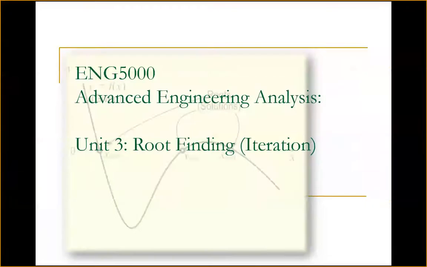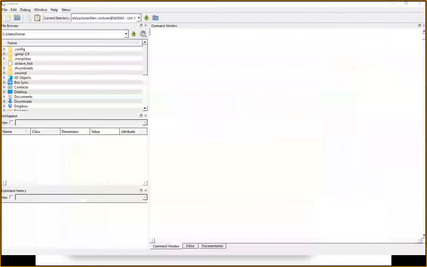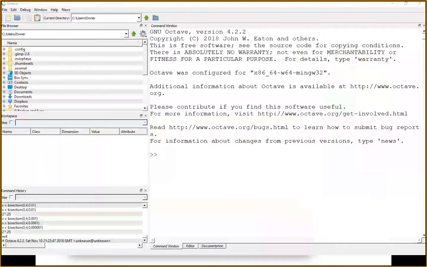Hello? Yes, Franklin. Oh, hi. Fine. Yeah, ma'am. Everybody seeing the Octave window? Yes, sir. Good.